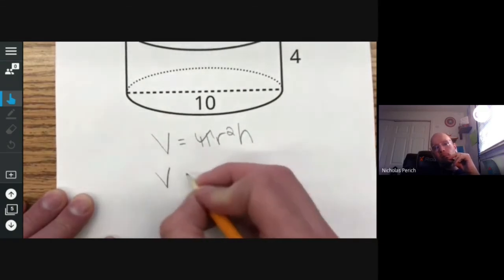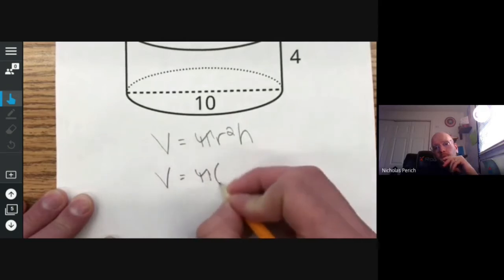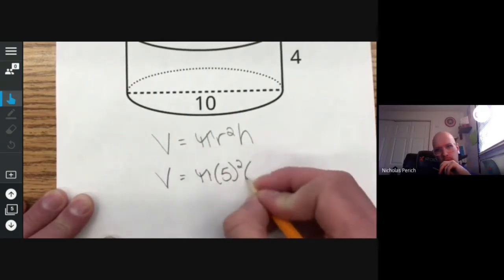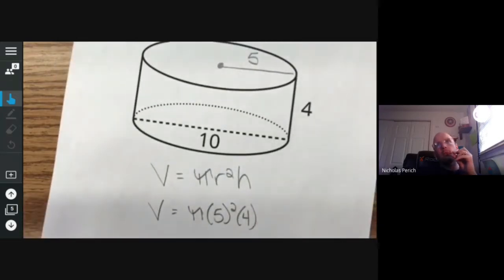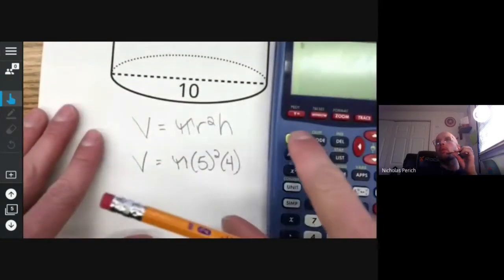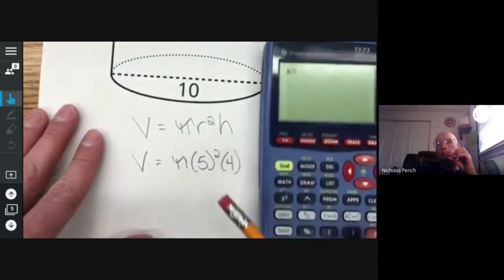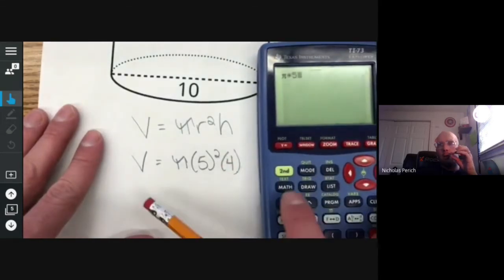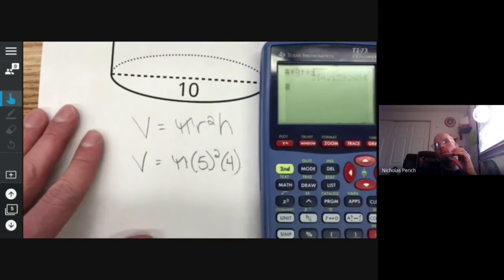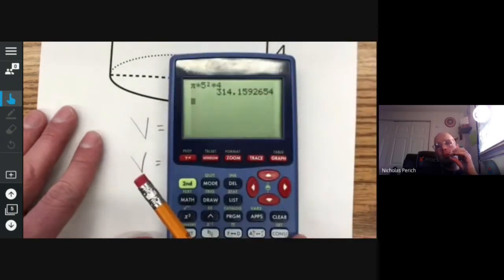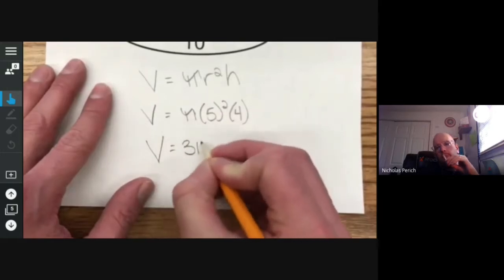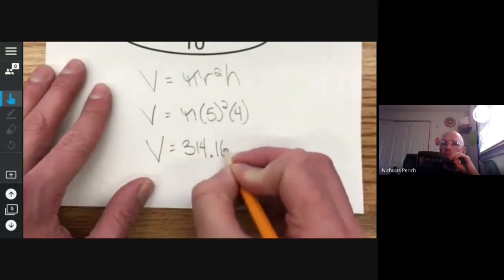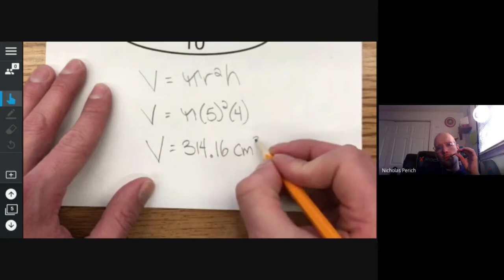I'm going to plug in pi, 5 squared, 4 for height, throw that into a calculator, and you're going to get pi times 5 squared times 4. That gives us 314.16, we'll say. So V equals 314.16 centimeters cubed.